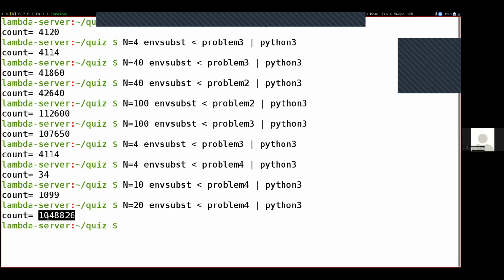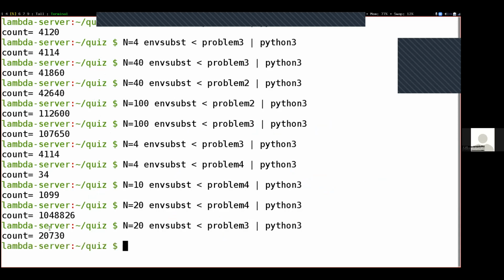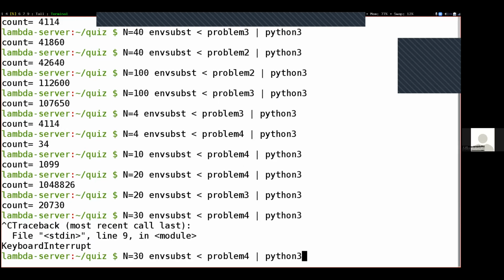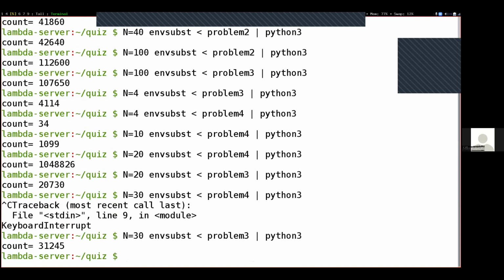And we get this really, really big value down here, whereas problem 3 at 20 is much, much smaller, over 100 times smaller. Go back to problem 4, change that 20 to a 30, then it's not even gonna finish in time for class. It'll just sit here running forever, essentially. I'll press Control C to stop this. But with problem 3 at n equals 30, it finishes very fast.